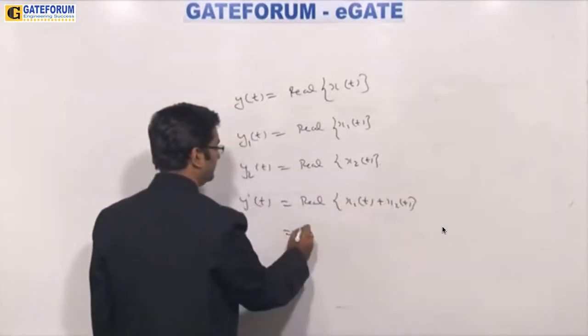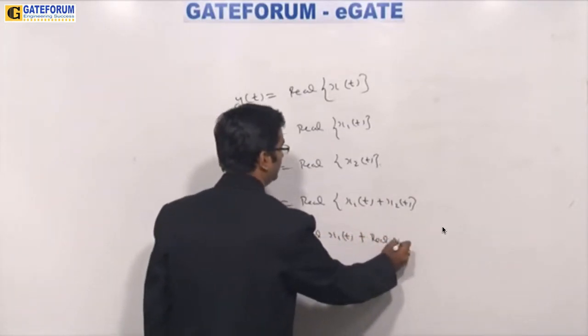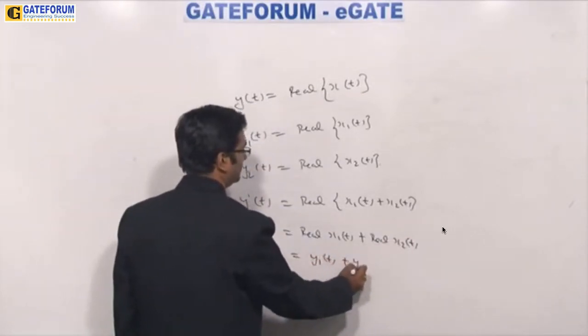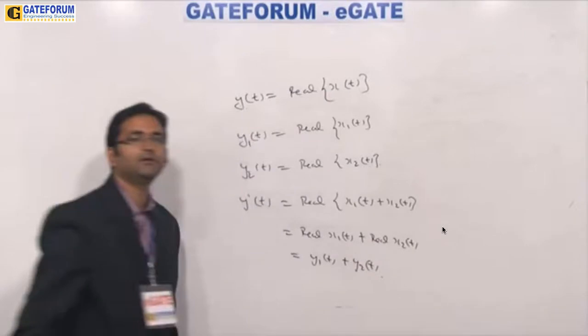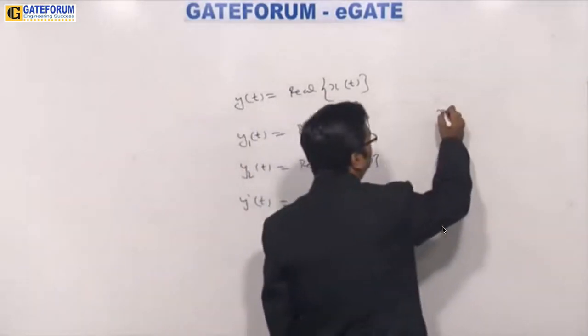They can be taken inside: real part of x1(t) plus real part of x2(t), which is nothing but y1(t) plus y2(t). Hence it is a linear system. For x square root of t, yes, it is not a causal system.